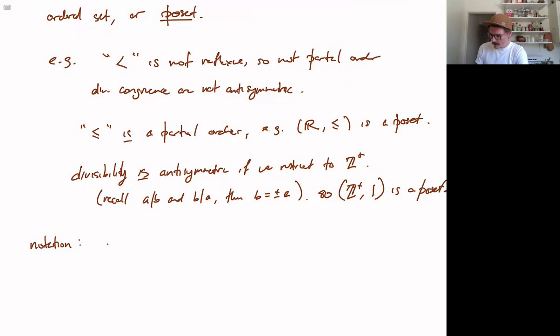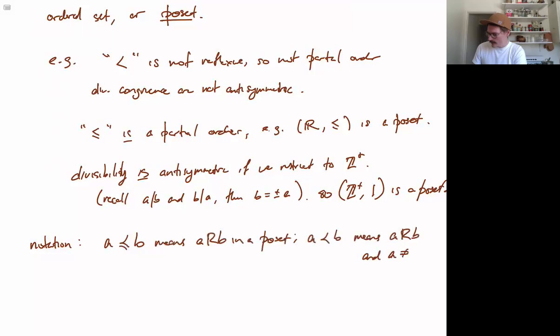But we'll use this sort of curly less than or equal to sign to mean the relation in a partially ordered set. So A curly less than or equal to B means A related to B in a poset, and A curly less than B means A is related to B, and A is not equal to B.